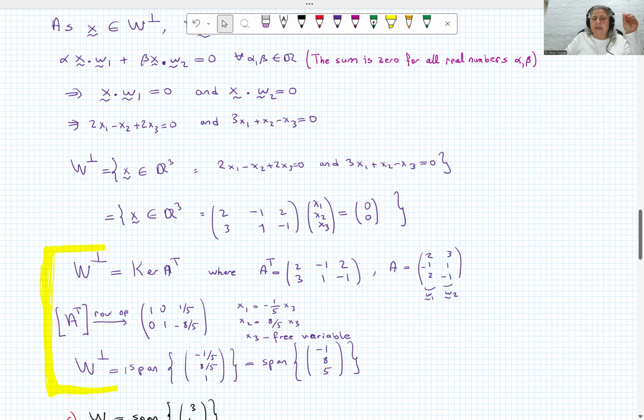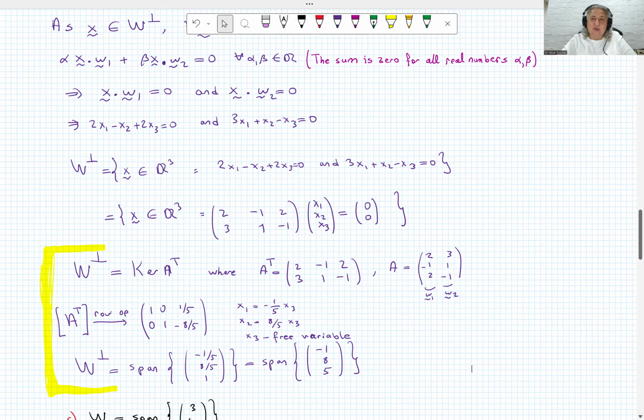Since this is a spanning set, you can multiply by a scalar lambda, like 5, because every multiple of this will span anyway. So if you multiply this by 5, you will obtain another basis for the orthogonal complement of W.